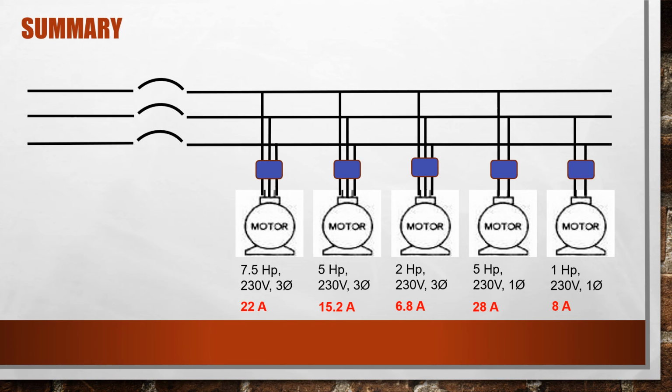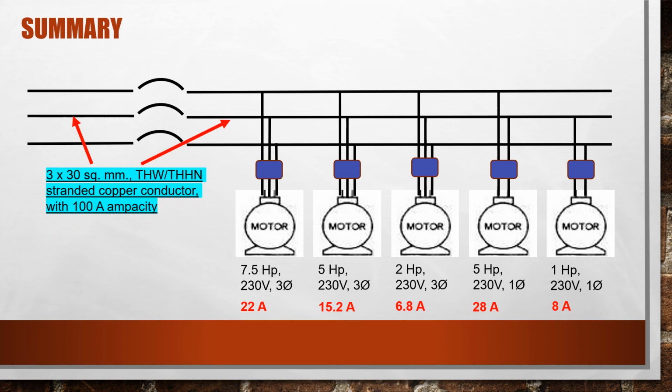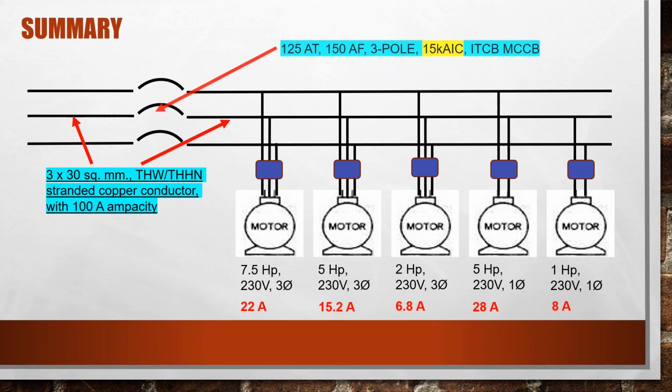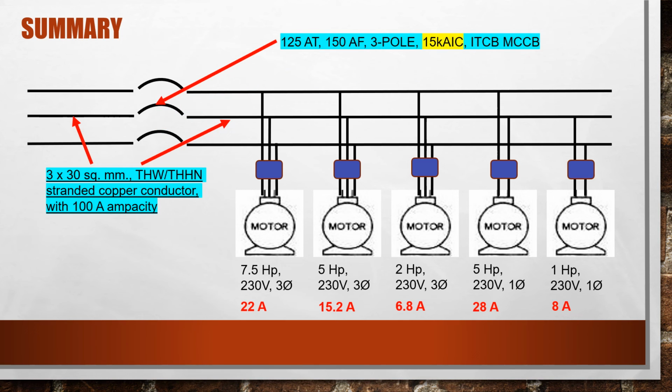Now to summarize, we have to use 3 by 30 square mm THW THSN stranded copper conductor with 100 ampere ampacity. This is the feeder conductor that we have to use. And for the short circuit and ground fault protection, we have to use 125 ampere trip, 150 ampere frame.